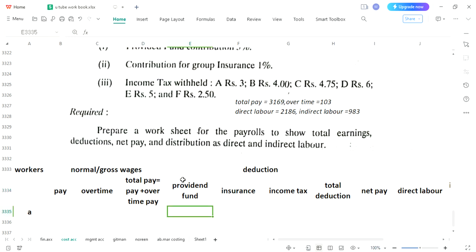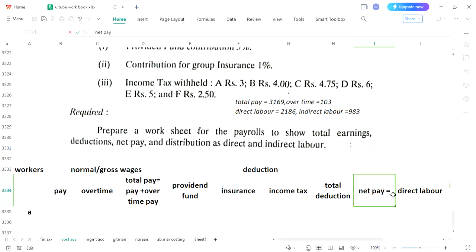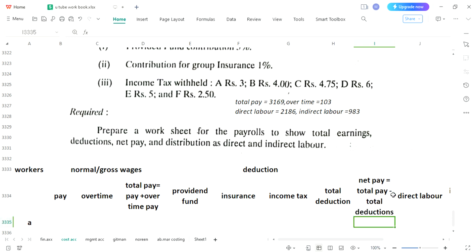Then we will see the deductions. Deductions are of three types, then total deduction, and finally we will calculate net pay by taking total pay and deducting total deductions. In this way, our net pay would be calculated.